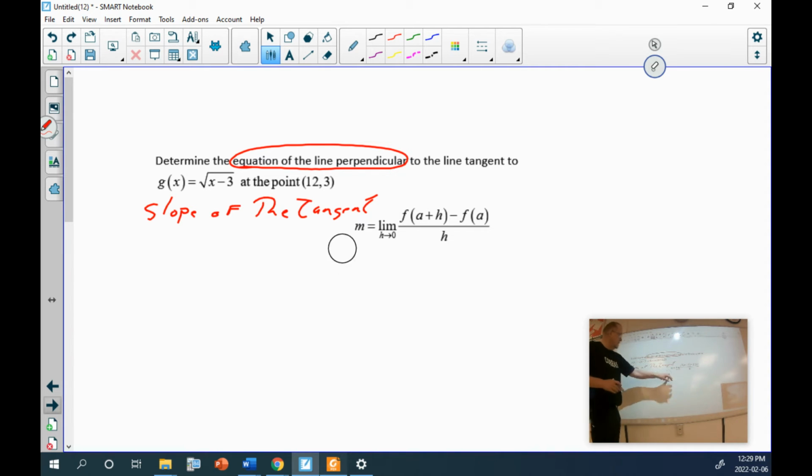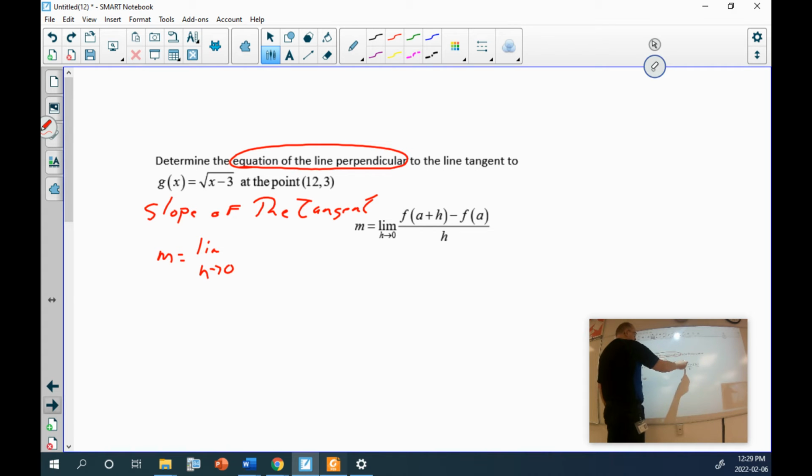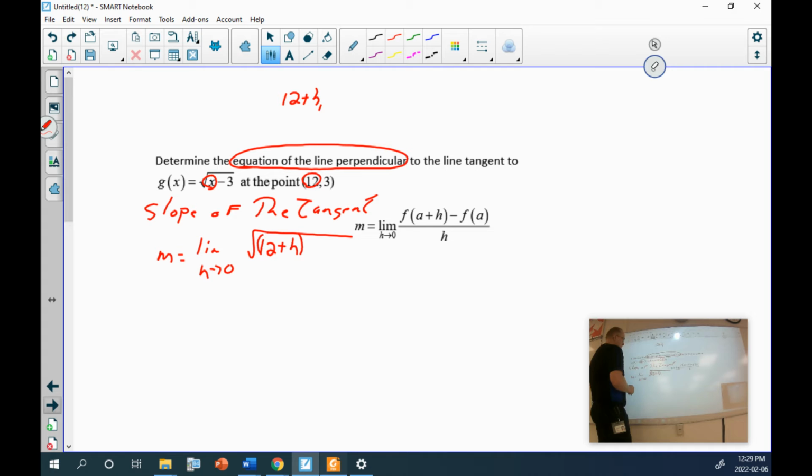So here's our equation. m is equal to the limit as h approaches 0 of, my a is 12. I'm going to substitute that in, so we're going to have the square root of 12 plus h, replacing the x in here with 12 plus h, and I'm replacing the a with 12.